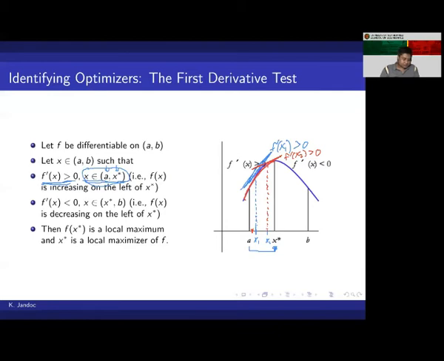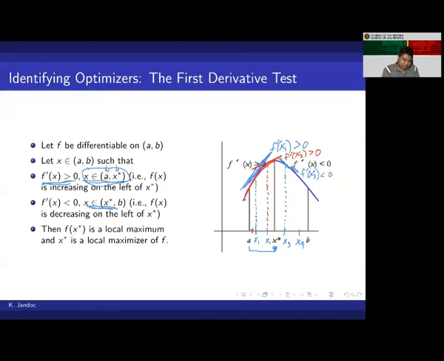And then whenever you choose another point x between x star and b, let's call these x3 and x4, so these are points between x star and point b, and you evaluate the derivative at that point, in this case, f prime of x3 is less than 0.